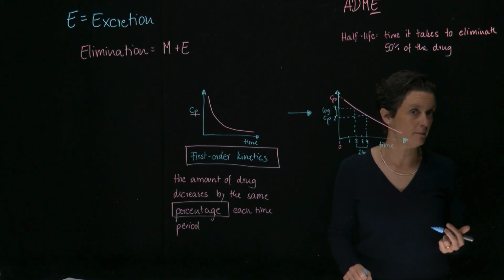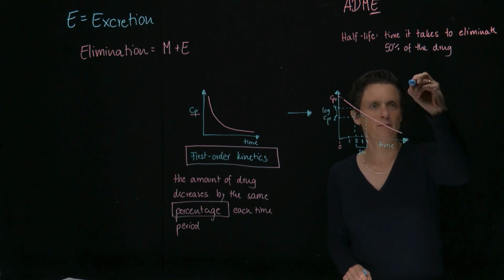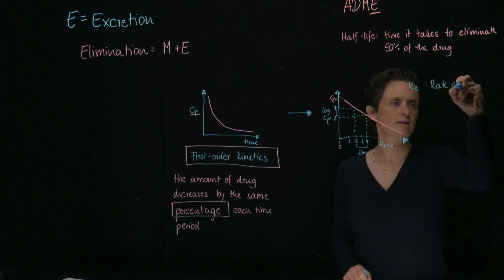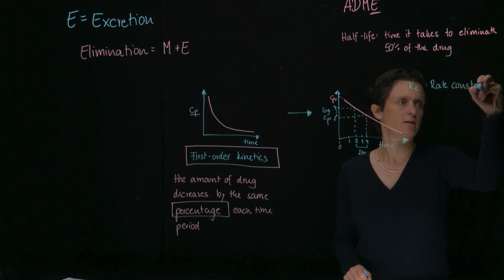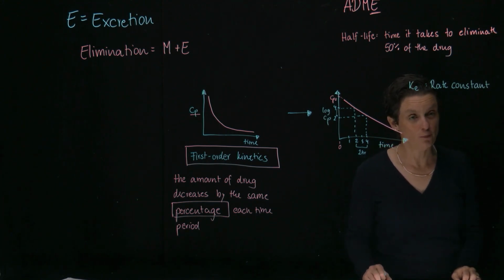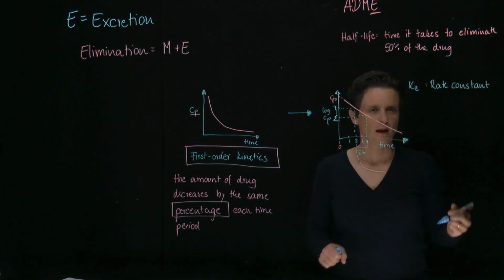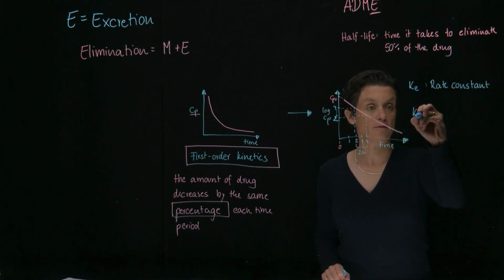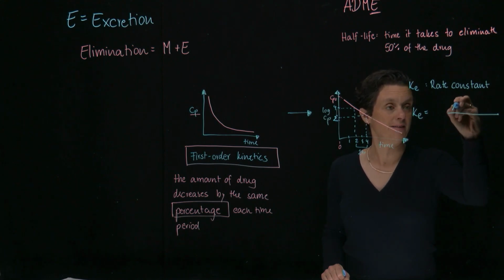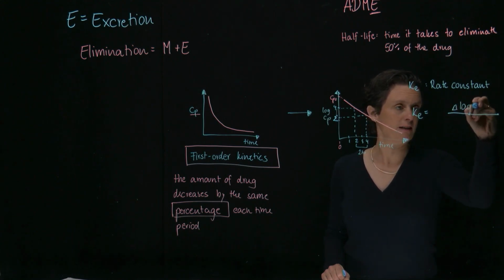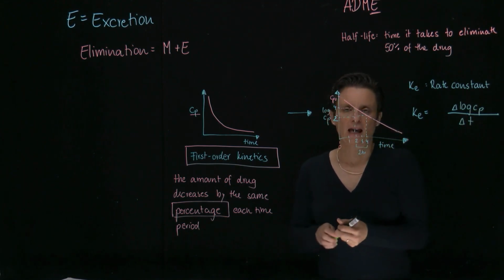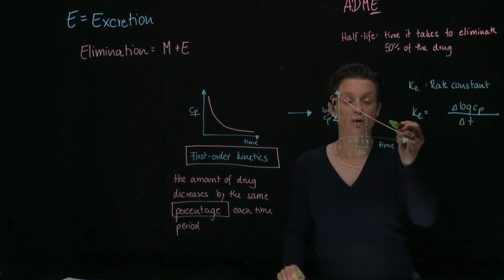Now another parameter that we should know about is something called Ke, which is the rate constant. The rate constant correlates with the slope of the curve. And because it correlates with the slope of the curve, we can say Ke equals delta log Cp divided by delta T. So we can now use any slope, any points that we want to use.